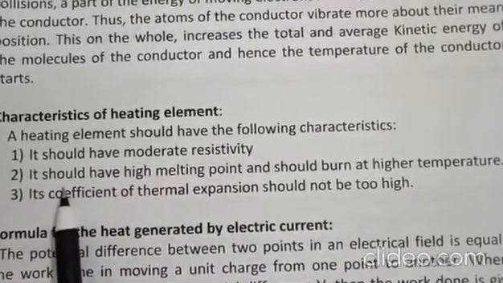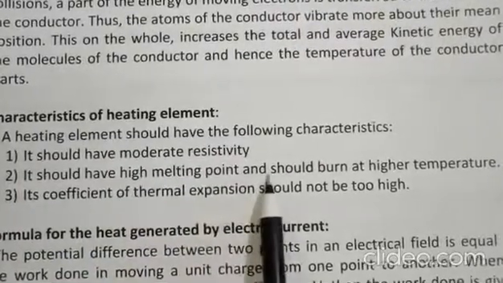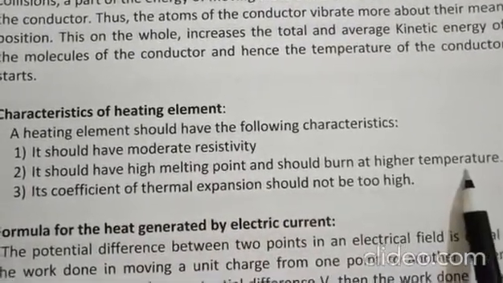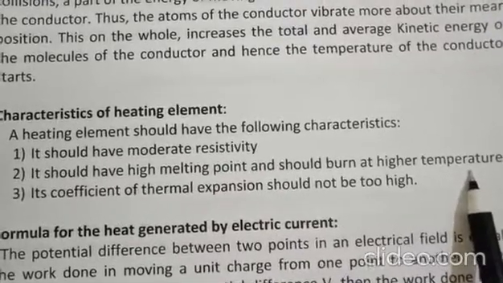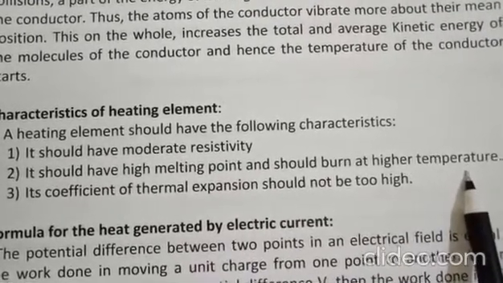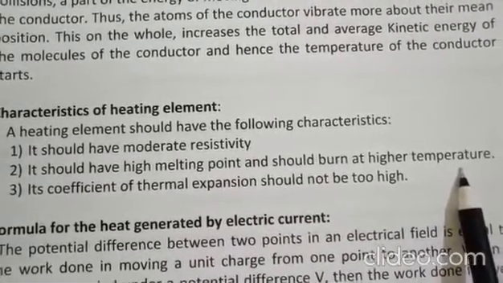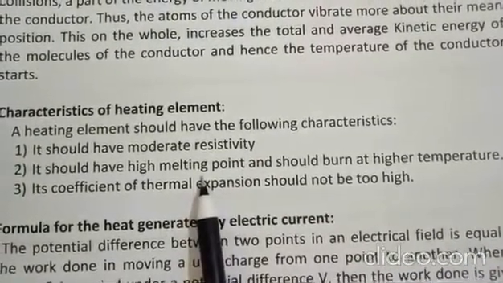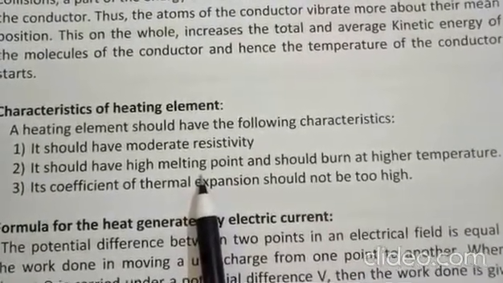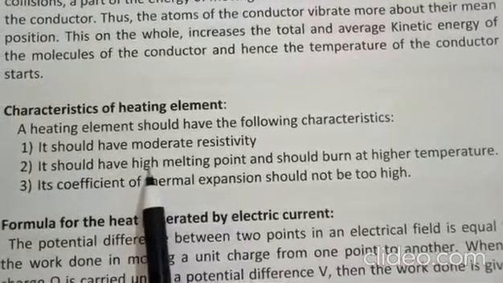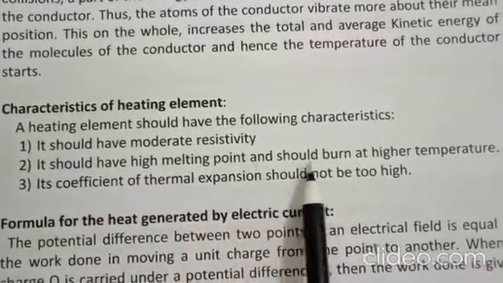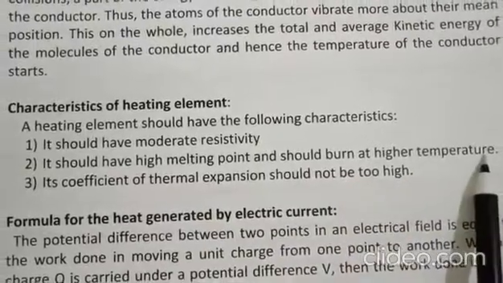Point number two, it should have high melting point and should burn at higher temperature. Now as we know, when the heating effect takes place, the temperature of the body rises. Now if the melting point of the object is low, it may melt. So the point number two says the melting point should be high and should burn at higher temperature.